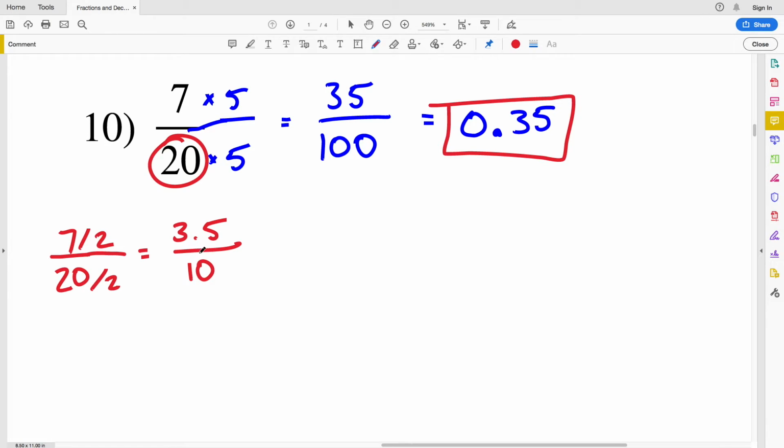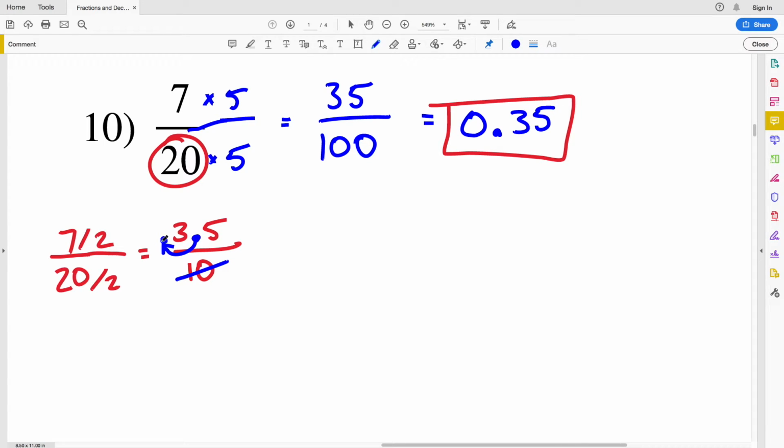And remember, if we're dividing by 10, 100, 1,000, and so on, we're just going to be moving that decimal place over. So I'll take this decimal place and move it over to the left 1, because I have 1 zero within 10.